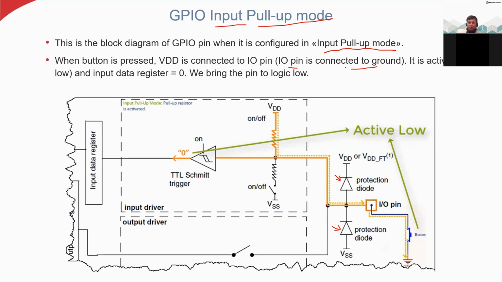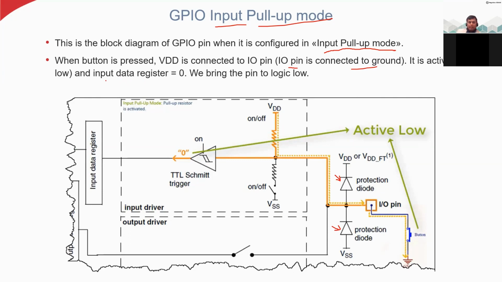It's active low. This ground reaches the IO pin, then goes to the Schmitt trigger, then to the input data register, then the input control, and then the data goes inside the microcontroller.